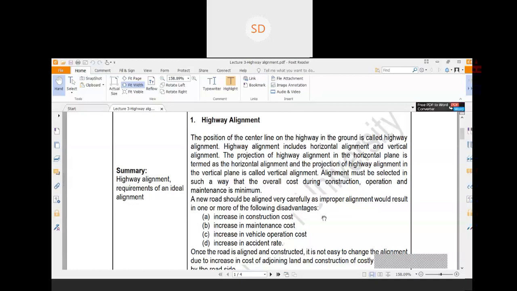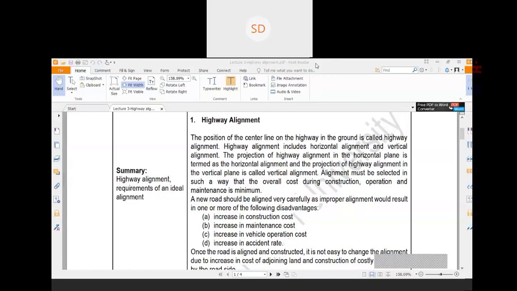Your first and foremost role is to connect both these points with the shortest possible route. If your alignment is not good, the distance may be higher. And suppose there are different river bodies and cross drainage structures; in that case also your construction cost will be more. So a highway alignment which is not aligned properly will increase the different costs.